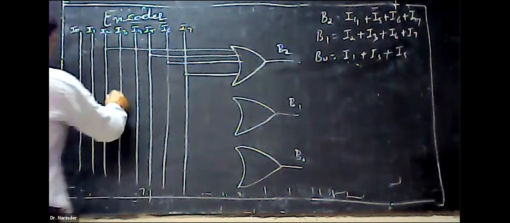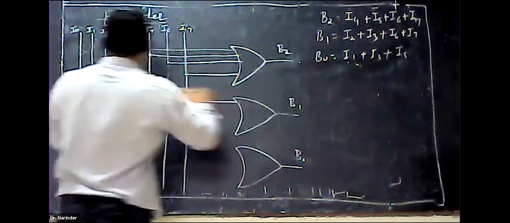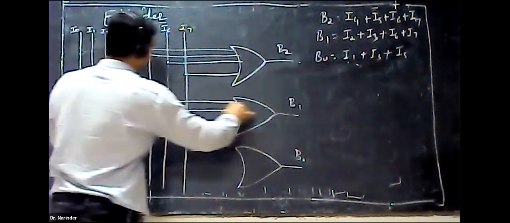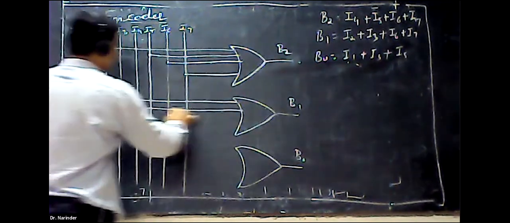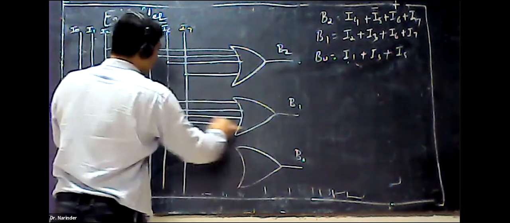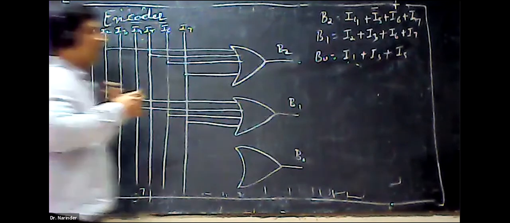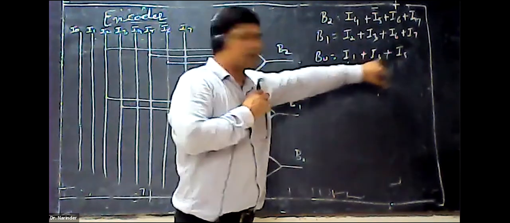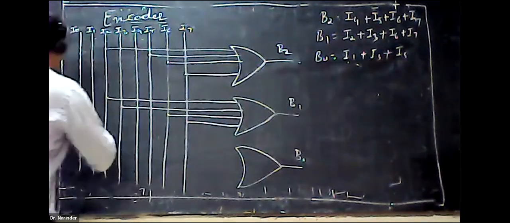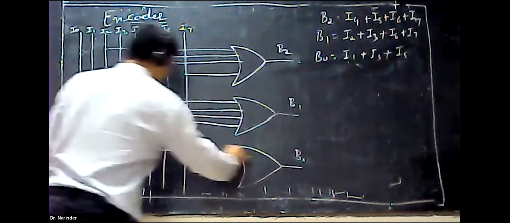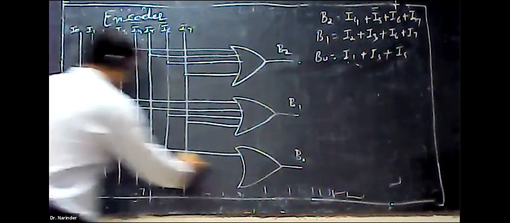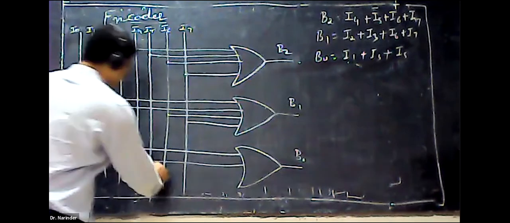So I2, then I3, then I6, then I7. Now as for B0, it is composed of I1, I3, I5. So I1, I3, I5.